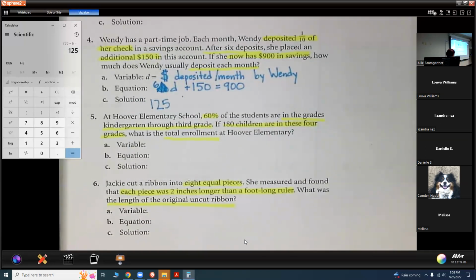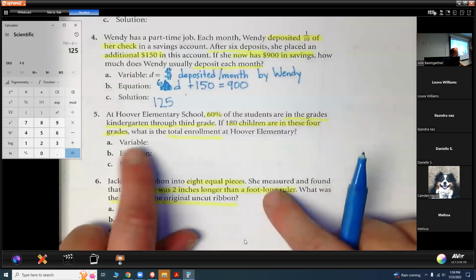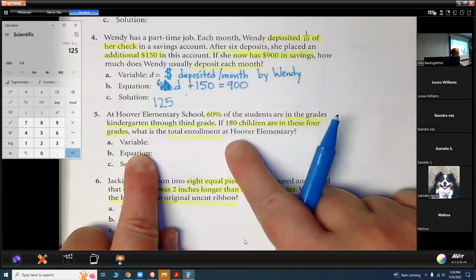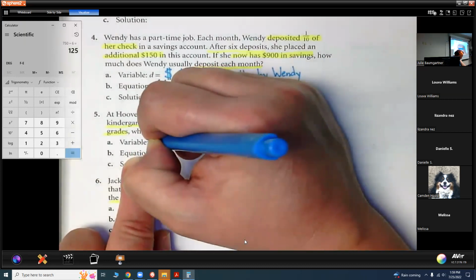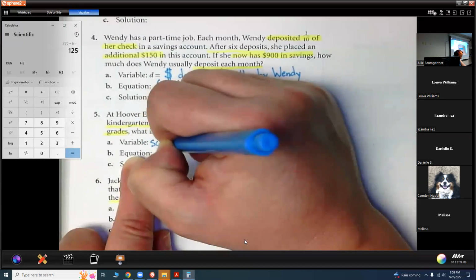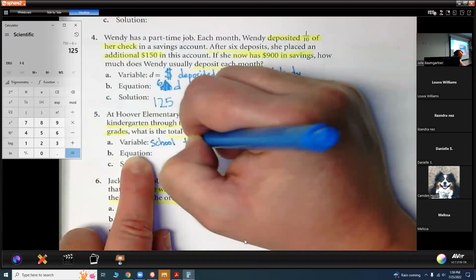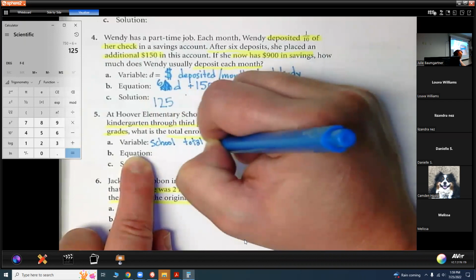At Hoover Elementary School, 60% of the students are in the grades kindergarten through 3rd grade. If 180 children are in these 4 grades, what is the total enrollment at Hoover Elementary? So hopefully everyone figured out the variable, or what we don't know, is school total enrollment.